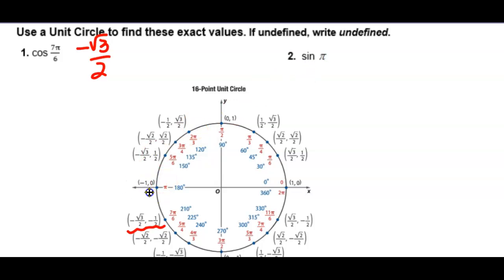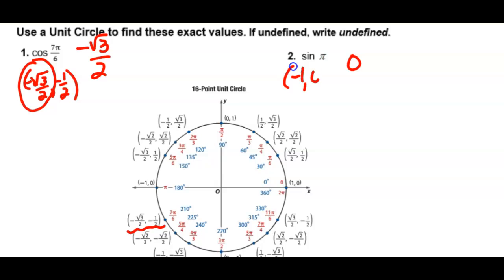So if you can remember that you want left 1 and up 0, the sine is the y value, so that's just 0. All right, cosine was x. I should be writing these down. Negative square root of 3 over 2, negative 1/2, and we just used the x value. The sine was at negative 1, 0, and we just used the y value. All right.